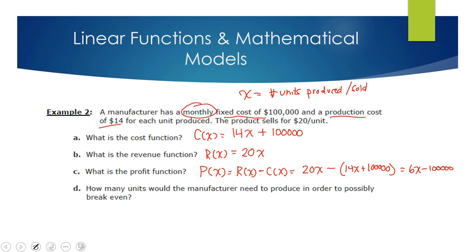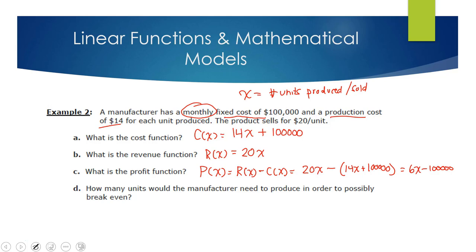In part D, you're asked, how many units would the manufacturer need to produce in order to possibly break even? Breaking even, there's different ways of defining it. Basically it means that you've at least covered the cost. You've sold enough units to cover the cost of making those units. So breaking even means I'm not making any profit.